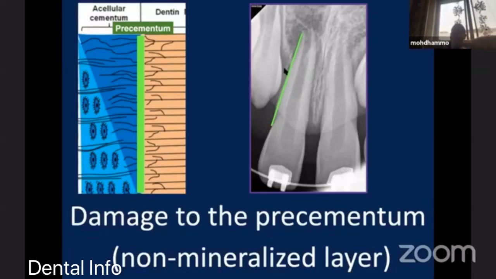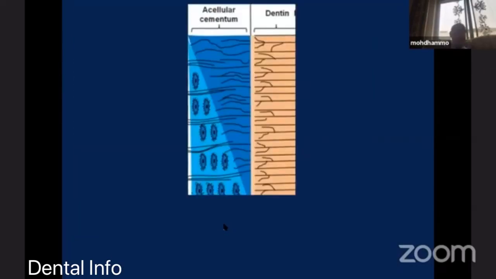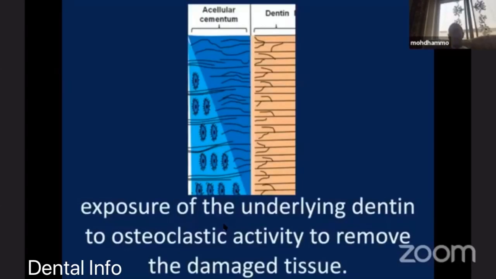So when we have a trauma, what will happen? It will damage the pre-cementum layer, and next, exposure of the underlying dentin to osteoclast activity to remove the damaged tissue.